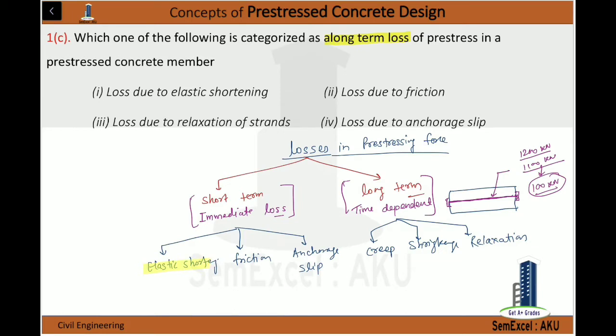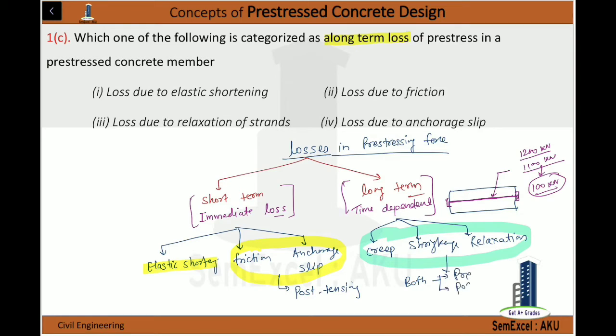Elastic shortening loss occurs only in pre-tensioned members, and friction and anchorage slip occur in post-tensioned members. And these three, creep, shrinkage and relaxation, occur in both pre-tensioned and post-tensioned members.